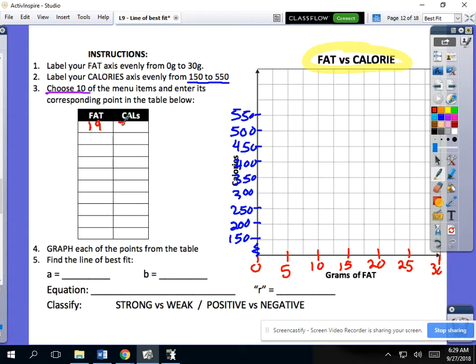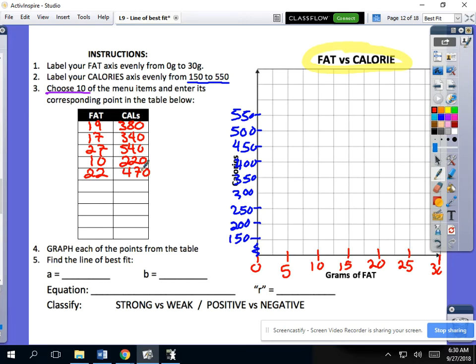Okay, so take a second and go ahead and fill in our table with all of those points of data. So the next one would be 17, 340. The next one after that would be 27, 540. All right. The next one after that would be 10 and 220. Then 22 and 470.